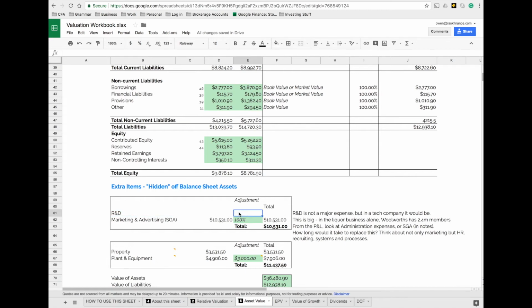So if you were valuing a company like Apple, you would have to say, Apple has been creating smartphones and software for many, many years. And if a new competitor were to emerge, it would take many, many years of development and know-how and capital to reproduce a business similar to Apple.